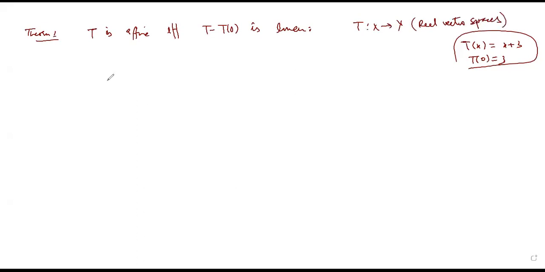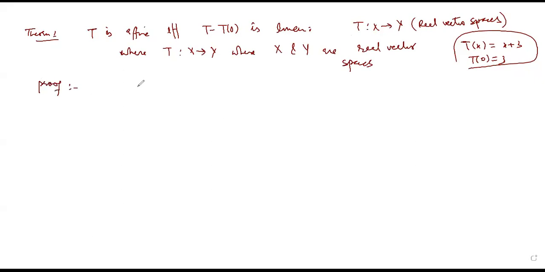So, चलो मैं लिख देता हूँ where T is a map from X to Y, where X and Y are real vector spaces, real linear spaces. अब proof भी इसका थोड़ा मतलब है easy, लेकिन I should leave it to you.